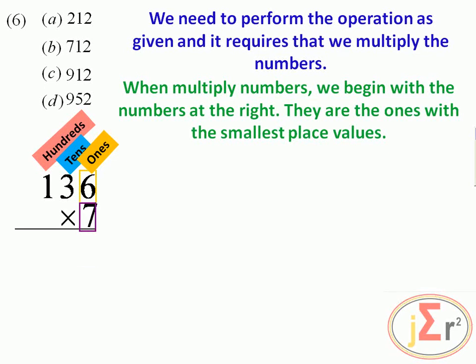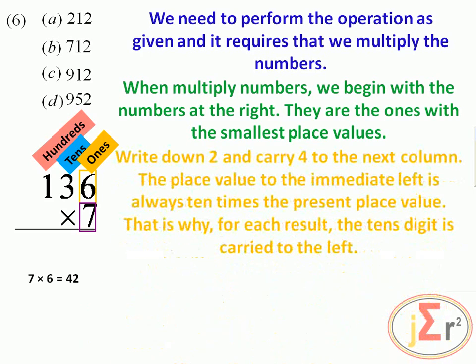And we are multiplying 7 6s, 42. Write down 2 and carry 4 to the next column. The place value to the immediate left is always 10 times the present place value. That is why for each result, the tens digit is carried to the left.